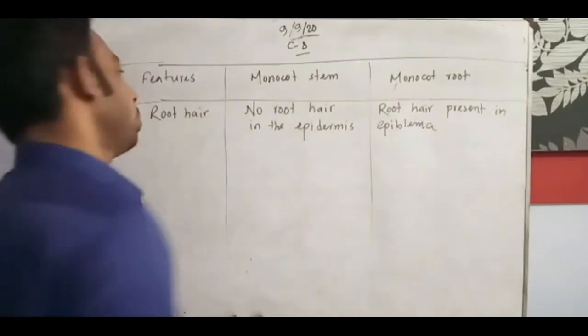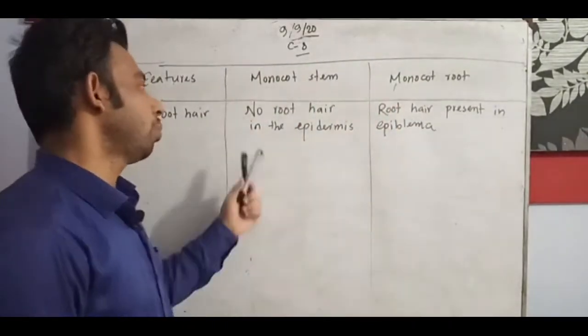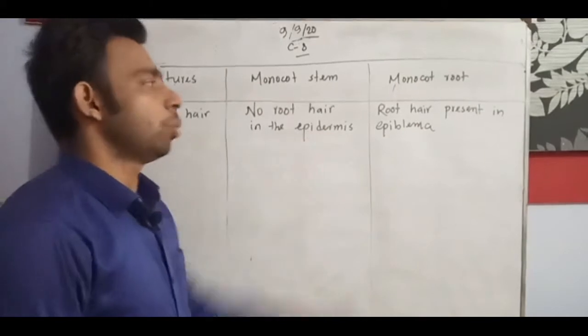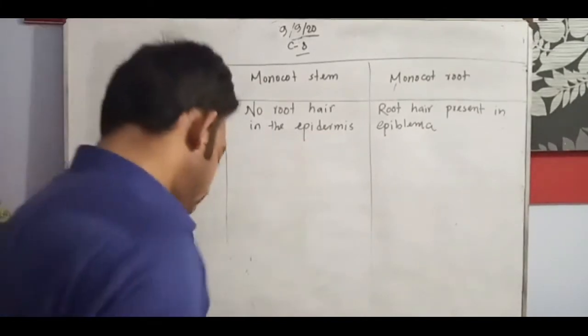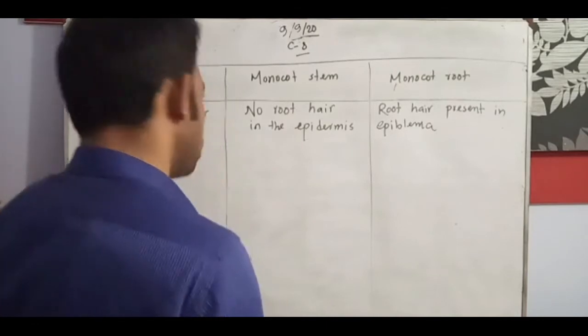So the first one we can write about root hair: no root hair in the epidermis, root hair present in the epiblema, in the case of the monocot stem and monocot root.